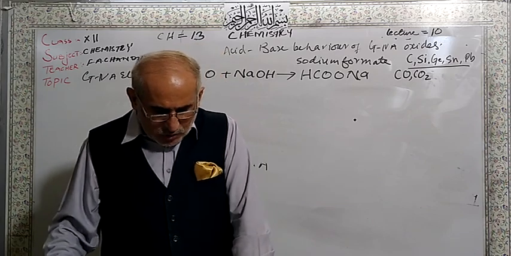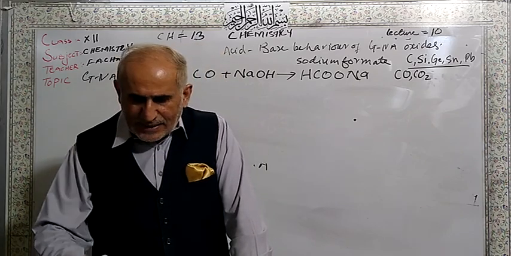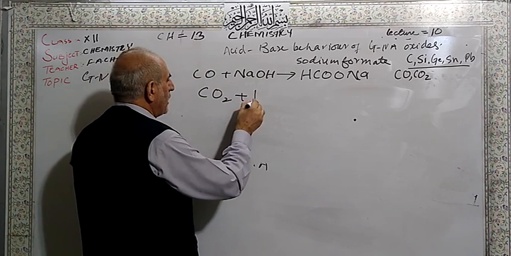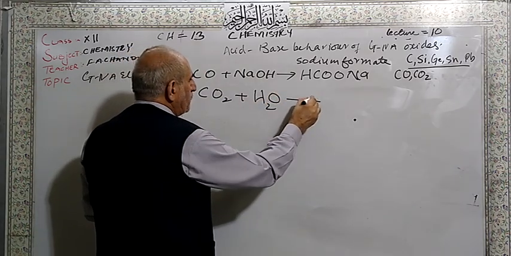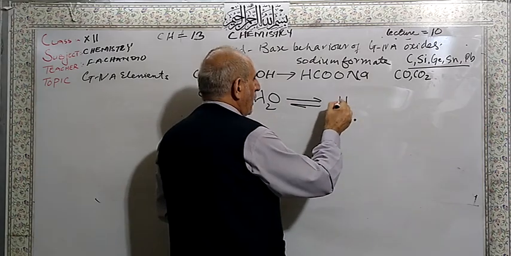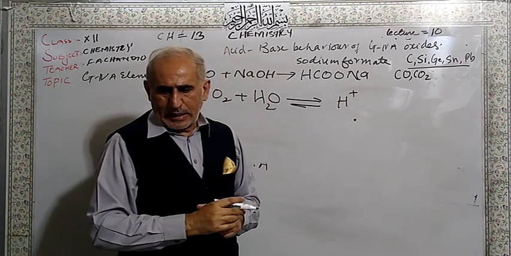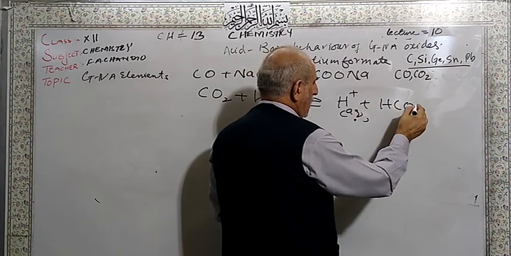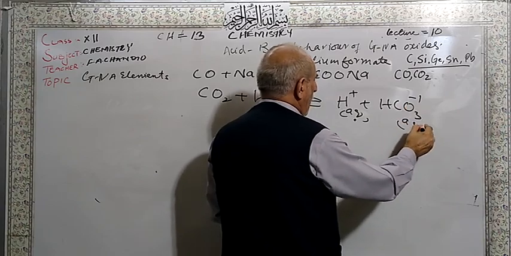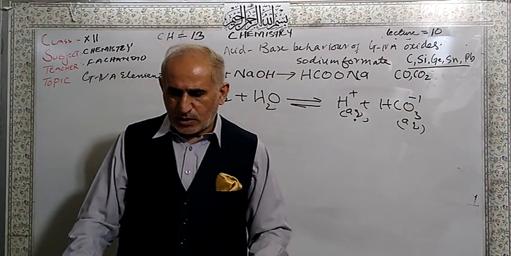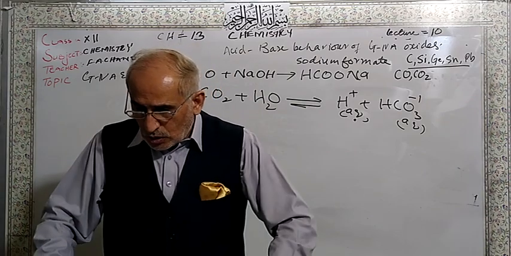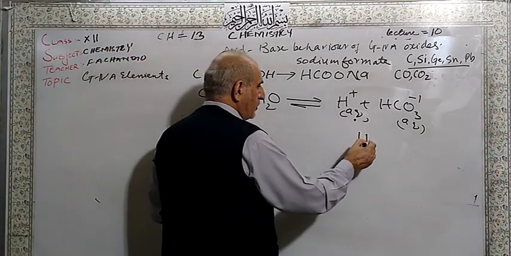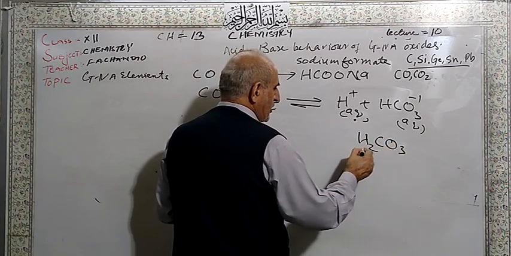Now, if you take carbon dioxide gas and dissolve it in water, it gives a proton, hydrogen ion, and bicarbonate ions. Hydrogen ions and bicarbonate ions are formed here. In detail, it forms carbonic acid.